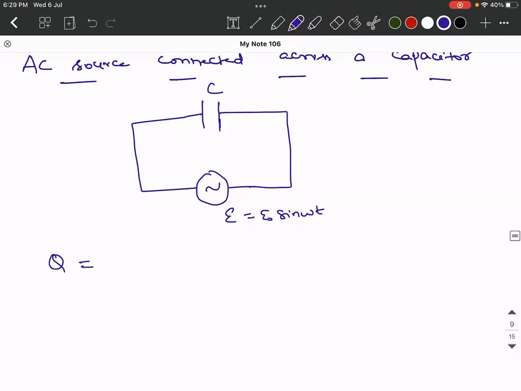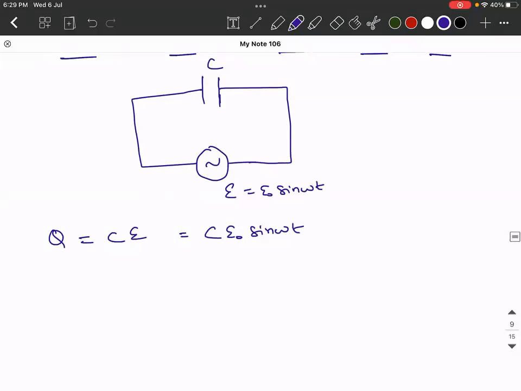So charge on the capacitor is equal to, can I write it as C into E? So this will be equal to C into E naught into sine omega t. So Q is equal to C E naught sine omega t. So from Q, how do I find the current? I is equal to dq by dt. So if I do this, I get C into E naught into cos omega t into omega.